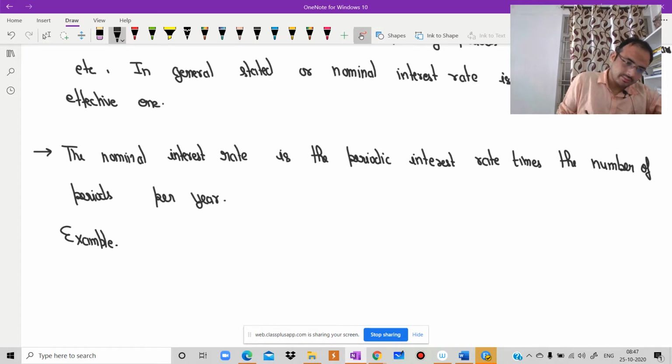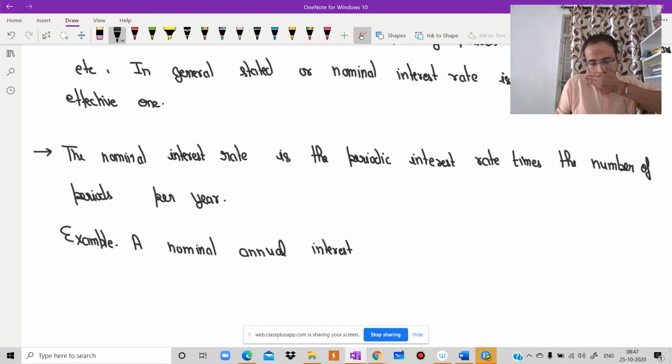Our example is a nominal annual interest rate of, assume, 12% based on monthly compounding.